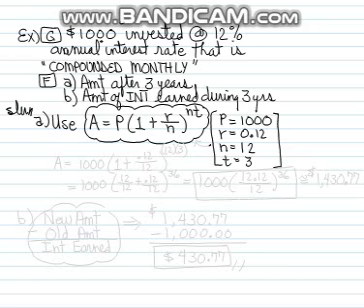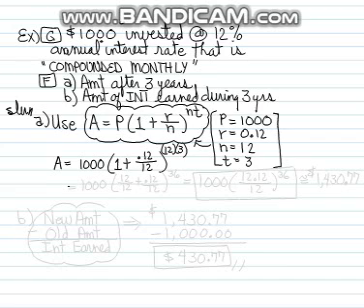We're going to plug it into this formula, and it's going to give us A, the amount in the account. So A is equal to 1,000, that's the P value, times (1 plus the r value, which is 0.12, divided by the n value, which is 12), raised to the n, which is 12, times the t, 3 years.